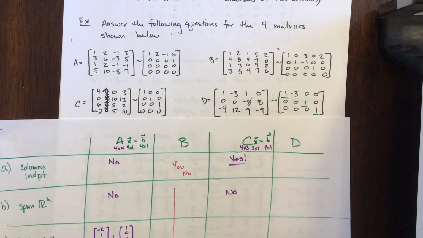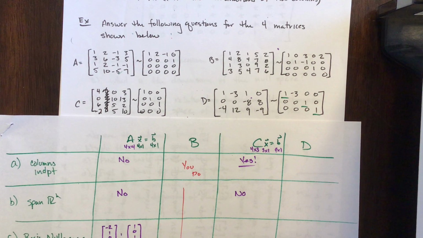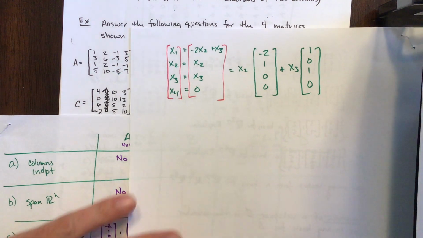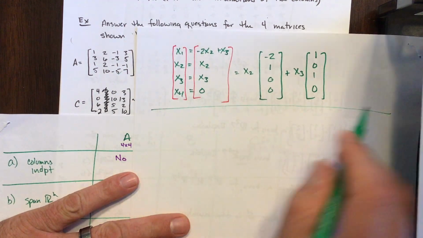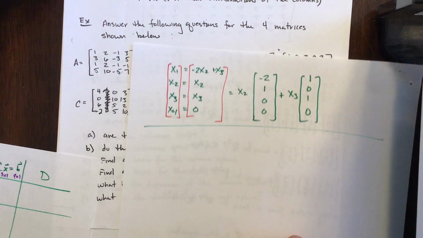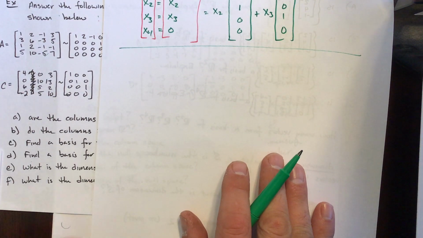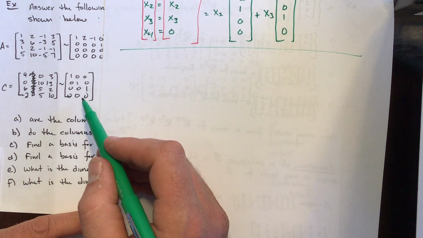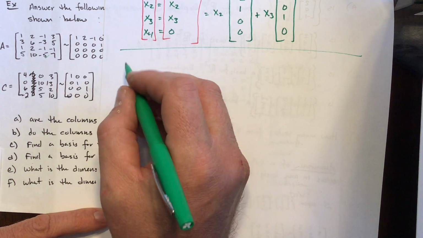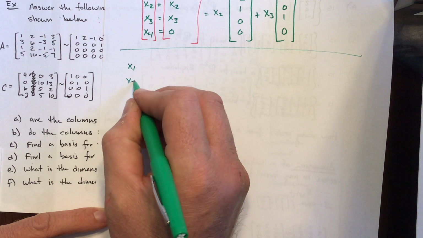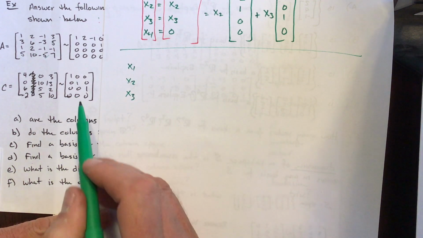What about a basis for the null space of A? Well, null space requires us to do a little bit of work. So let's get rid of this and move this over. So we look at the reduced row echelon form. There are 3 elements in the vector, x1, x2, x3. Each one of them has a pivot.